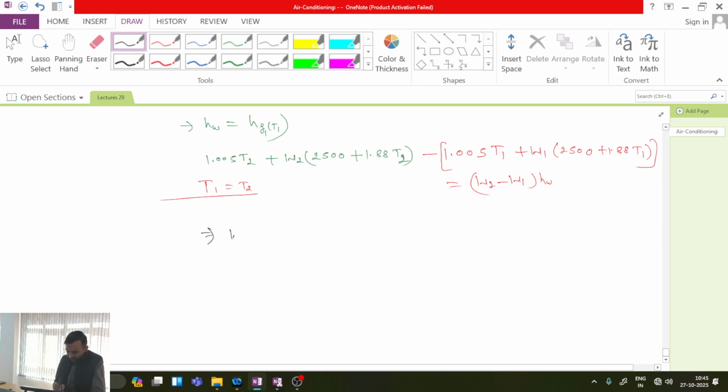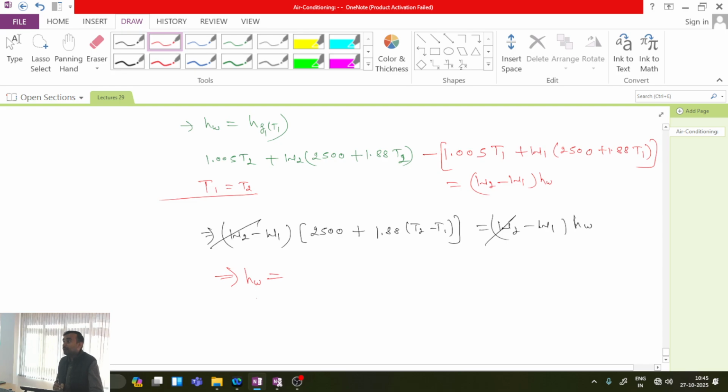I will simply get (W2 minus W1) into 2500 plus... Fine. From here, W2 and this will cancel out. What I get is that the enthalpy of water which we are adding must be equal to this value.